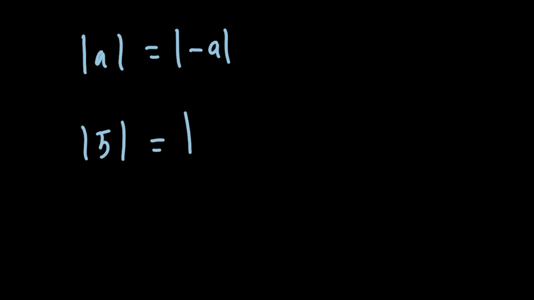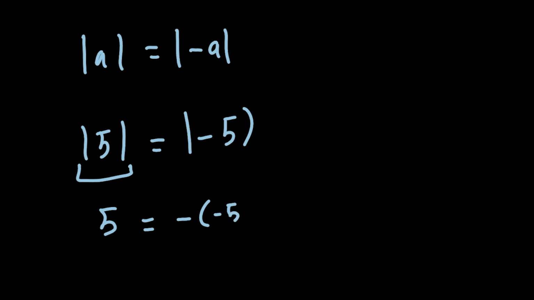The next property says that the absolute value of a equals the absolute value of minus a. For example, the absolute value of 5 equals the absolute value of minus 5. This part is nothing but 5, and the other part is also 5, and 5 equals 5.